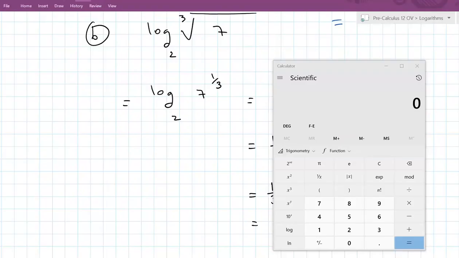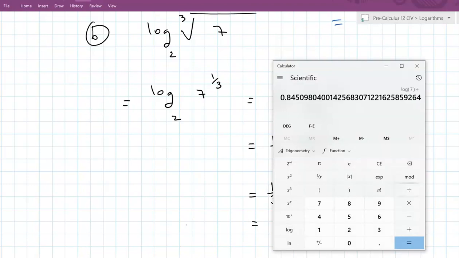So here's the calculator. In my calculator, I punch in 7 first, then I do log, so I get that value, divided by, and then the next piece is that I need to punch in the log of 2. So 2, log, I get that, and that's a division.